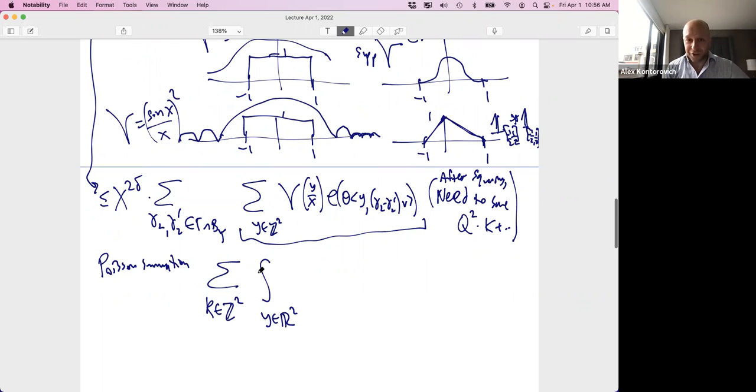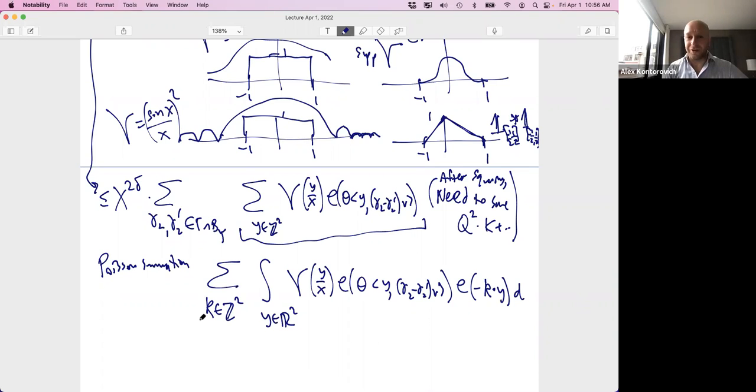Well, it's just this function integrated: upsilon of y over x, e to the 2 pi i theta, y inner product, this gamma 2 minus gamma 2 prime v, and then e to the minus k dot y dy.